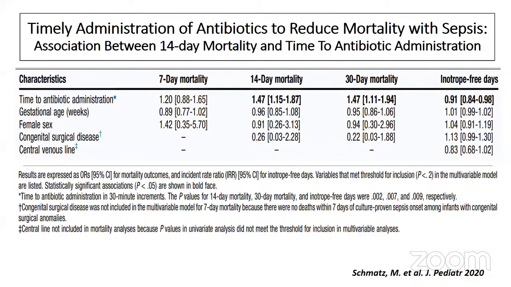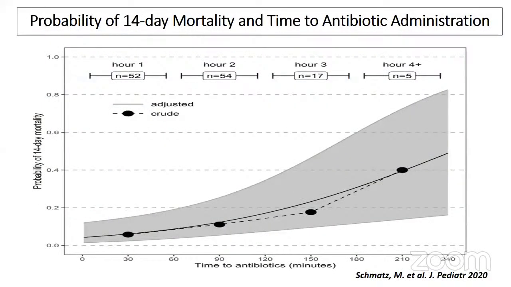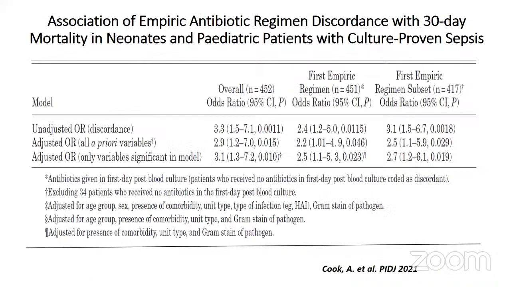Also, if you start the treatment early, the patient is less likely to require inotropes. So the message here is important: once you suspect the infection, you take your bloods, especially the culture, and you start the antibiotics. The sooner, the better. Again, the longer you take to give antibiotics, the more you increase the probability of 14-day mortality.